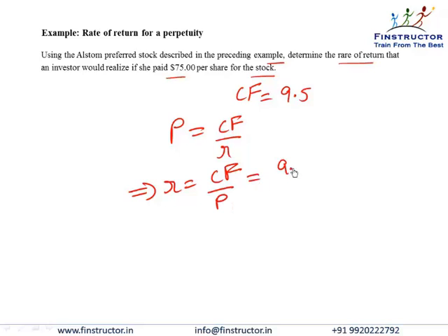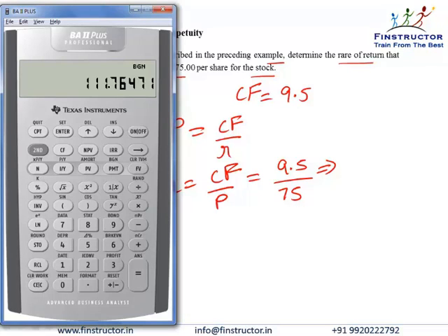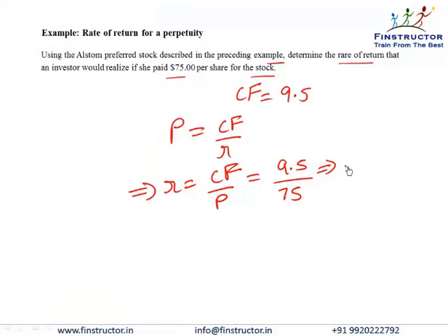So 9.5 is the cash flow that I'm getting from the preferred stock, and this investor paid $75, so she has effectively enjoyed a return of 9.5 divided by 75, that is 12.667%.